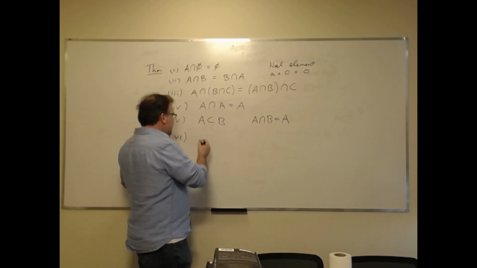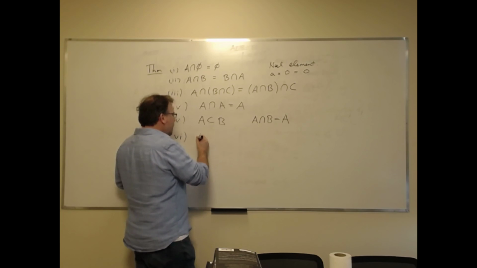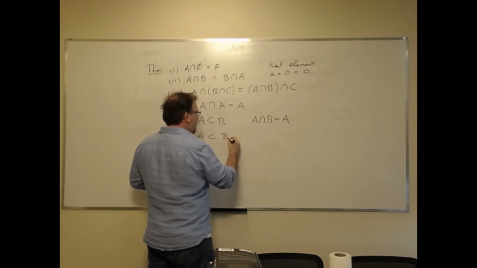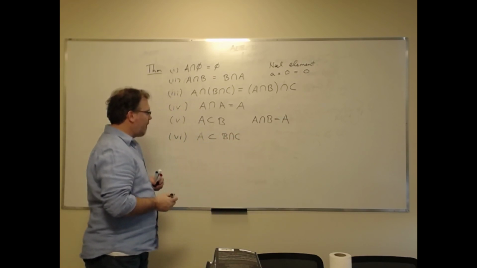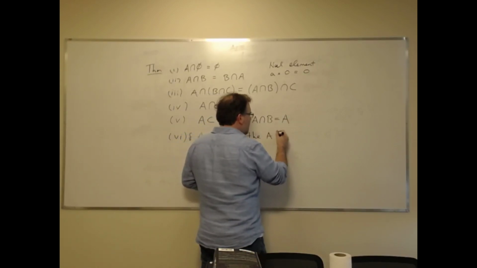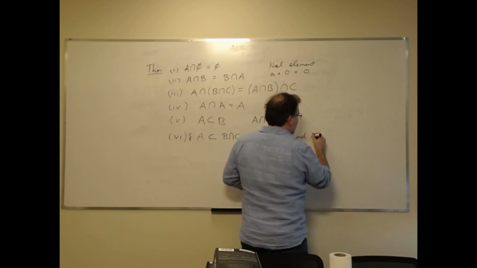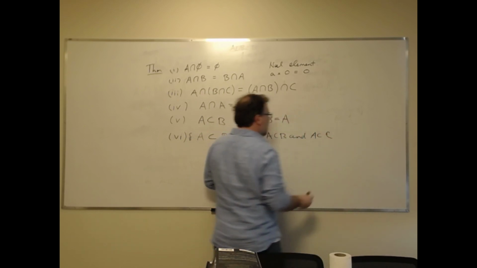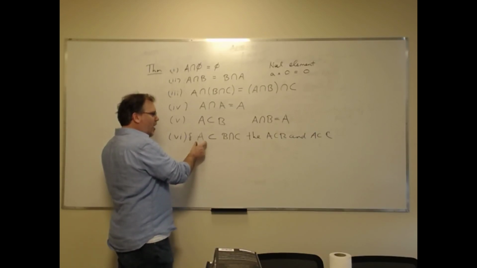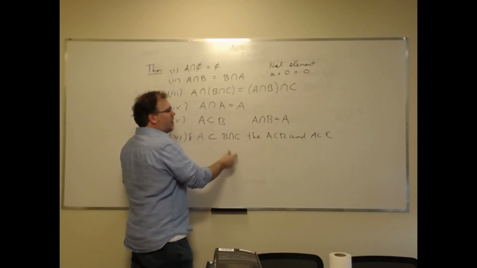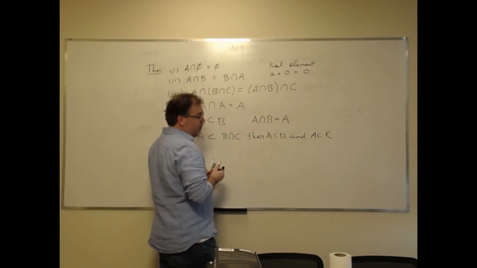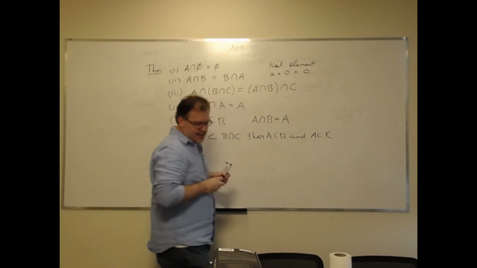It says that if A is a subset of B intersection C, if we have that, then it follows that A is a subset of B and A is a subset of C. Again, I hope that makes sense, because if all the objects that are in A are both in B and in C, then it follows that all the objects that are in A are in B, and furthermore, that all the objects in A are in C.